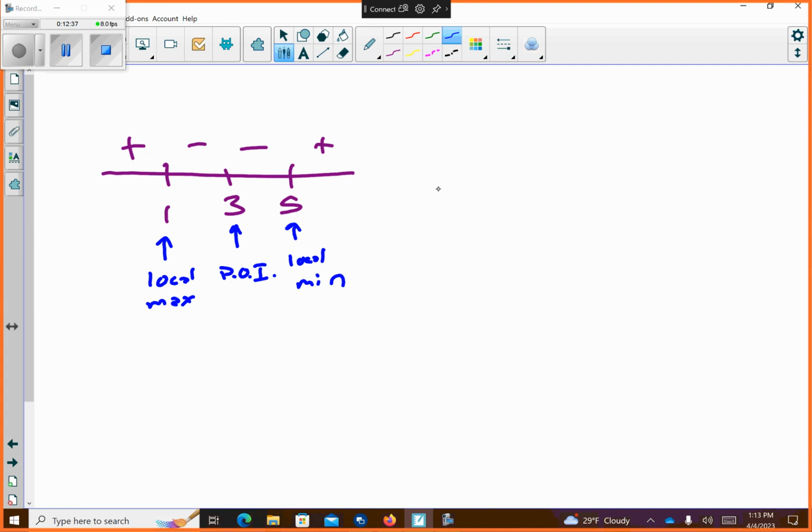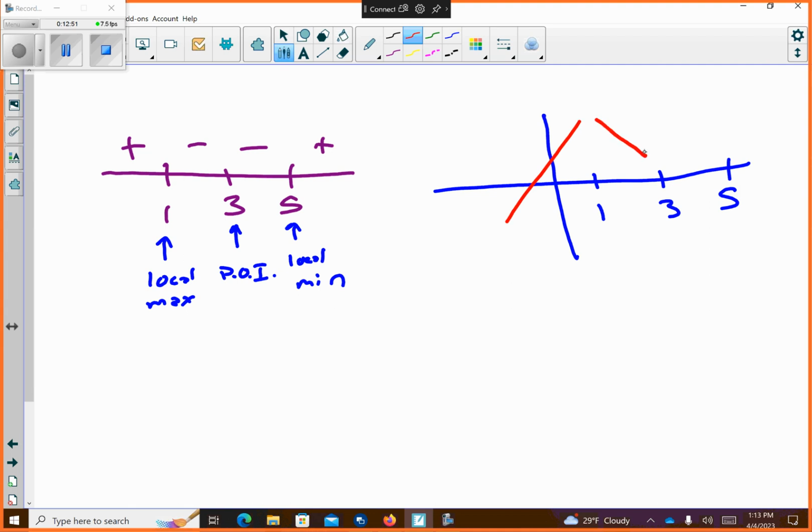So if we wanted to draw kind of what our graph might look like, I have 1, I have 3, I have 5. So this graph is doing this. It's doing this. It changes direction a little bit. And it is that. So that's not exactly what the graph looks like, but this is kind of giving you a bird's eye view.